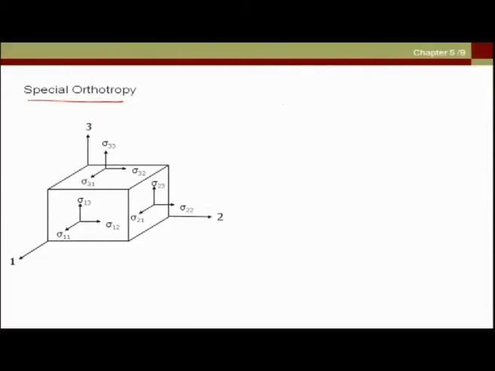Now, what did we discuss in case of special orthotropy? If I apply only an extensional stress sigma 11, it will generate epsilon 11, epsilon 22, epsilon 33, but it will not generate any shear strains.